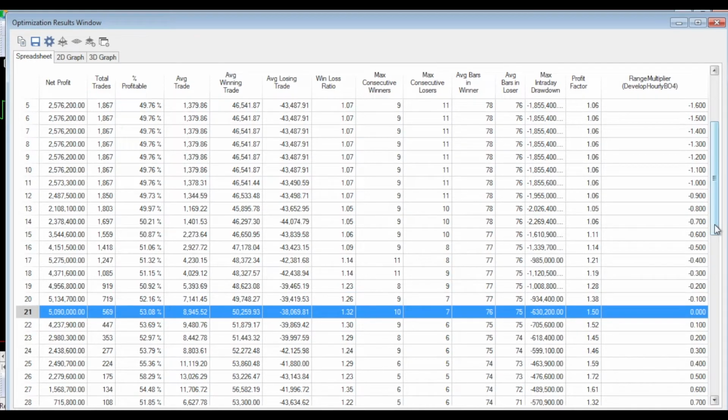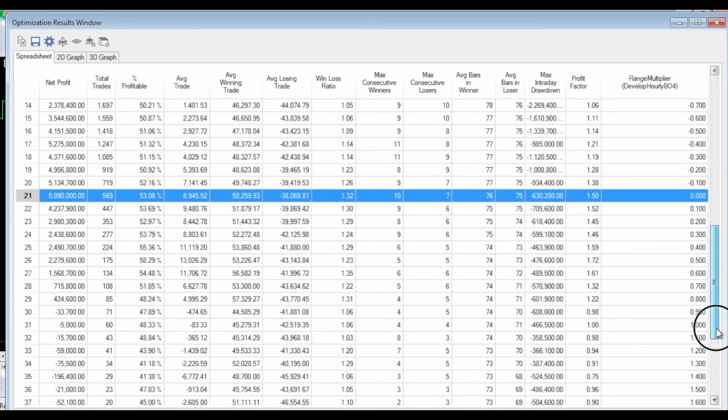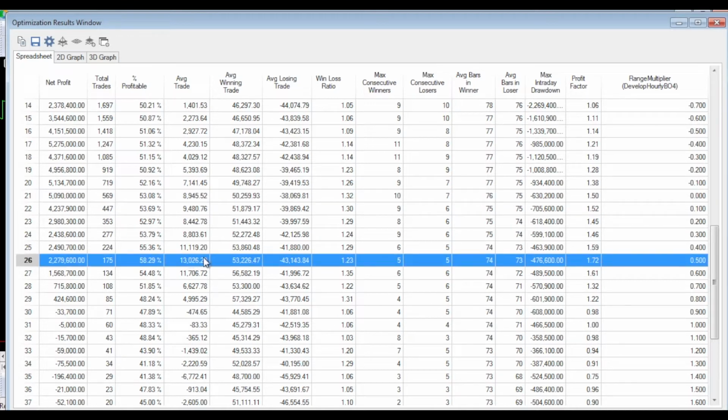And what happens if we move positive? So we're looking for a level that's further away from the high and further away from the low. Well, looking at the average trade, we've got average trade increasing, where the highest is probably here around 0.5. But look at the net profit, that's much lower, 2.2 million.